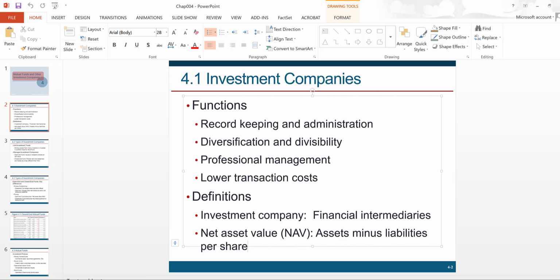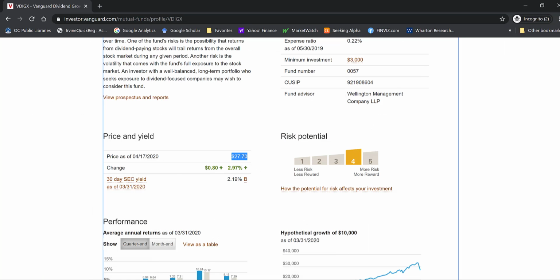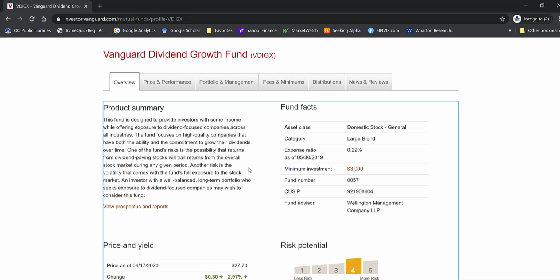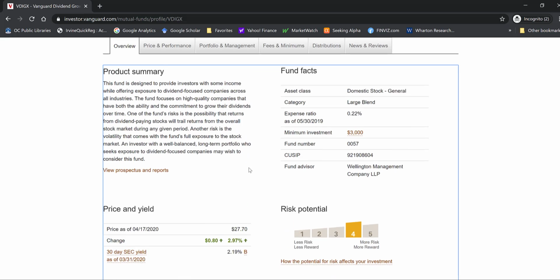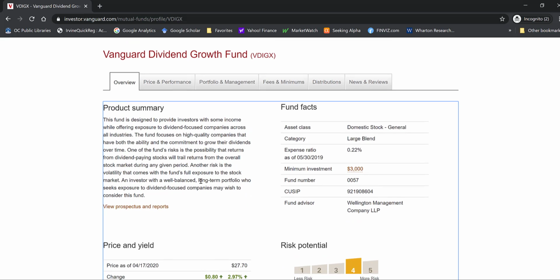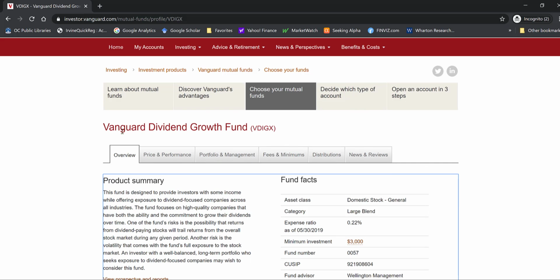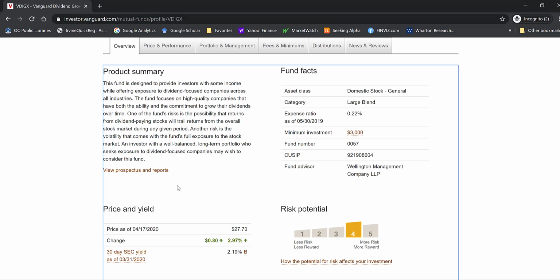All right. So one other important thing that we are going to talk about later as well is that if you want to purchase the shares of a mutual fund, you can either purchase it directly from the investment company, or you can purchase it through your brokerage.